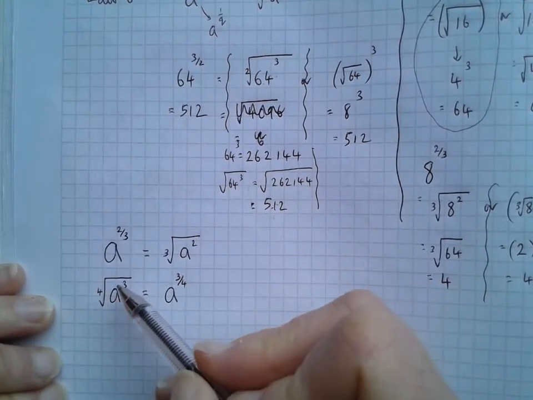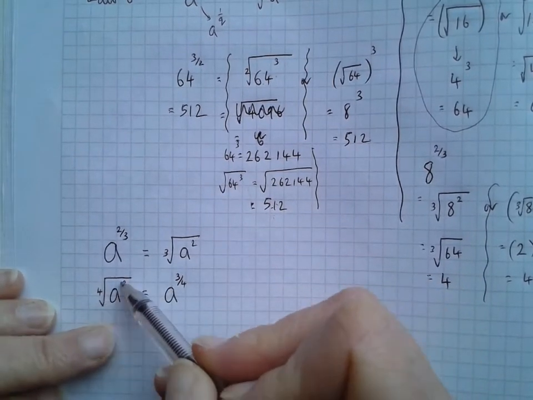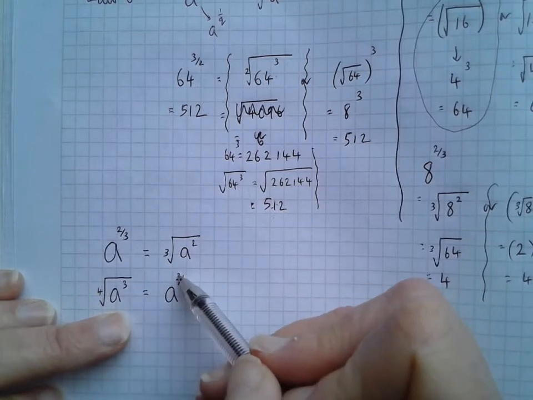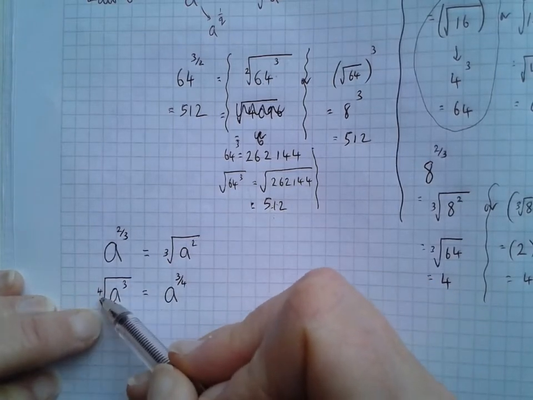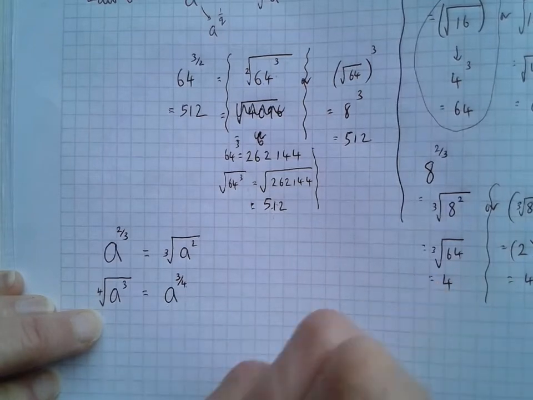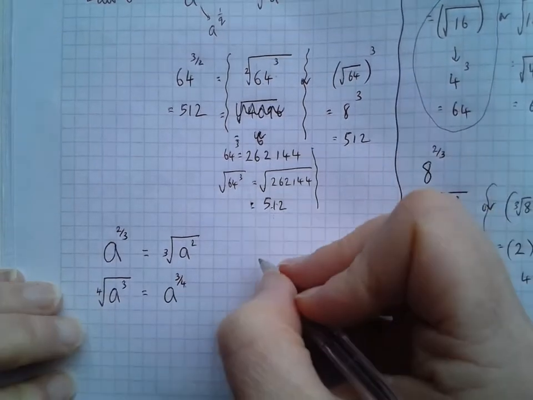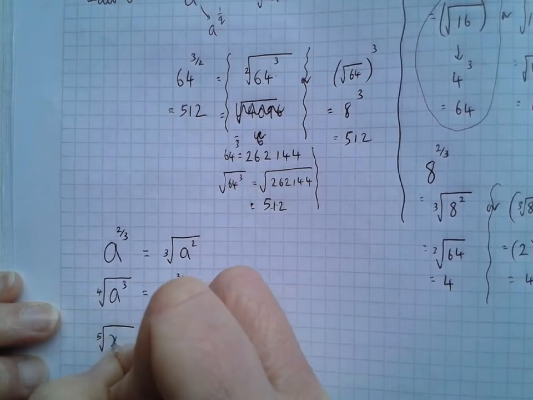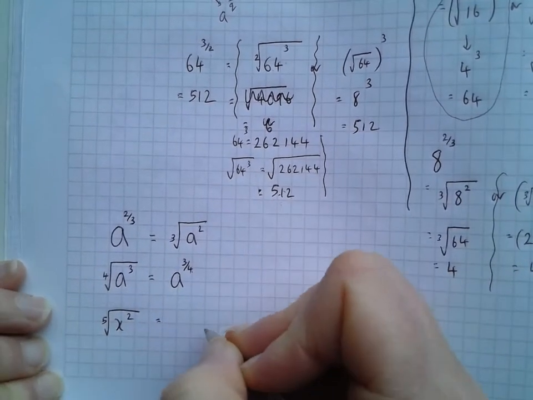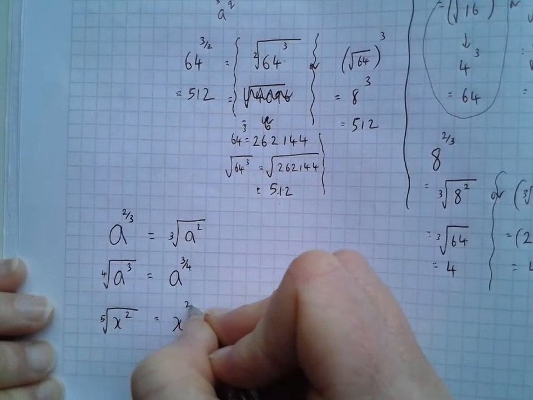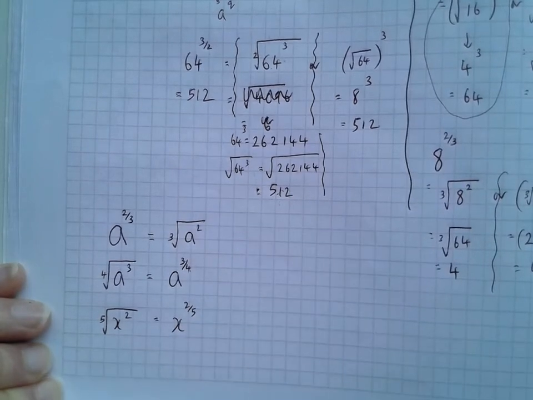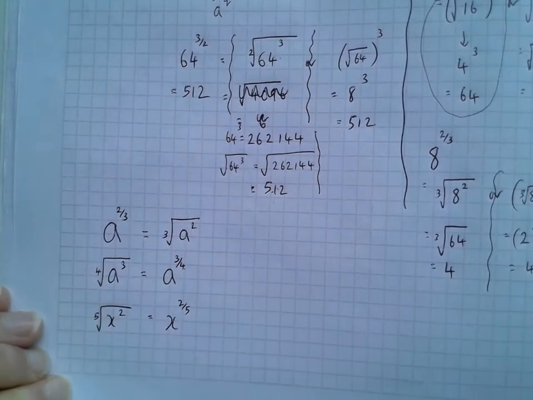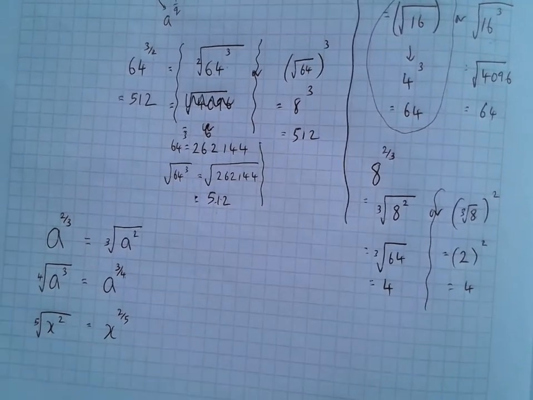So the number underneath the square root here goes on top. The number in the arm or the elbow of the root goes underneath. So the fifth root of x squared would be x to the power of 2 over 5. Okay, hopefully that makes sense. It is the hardest rule, I think.